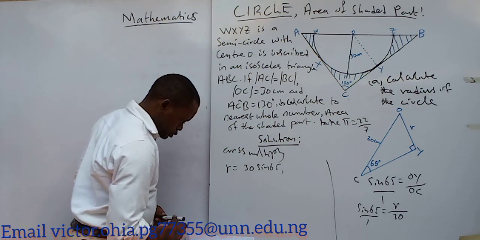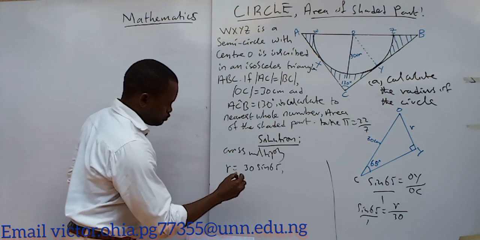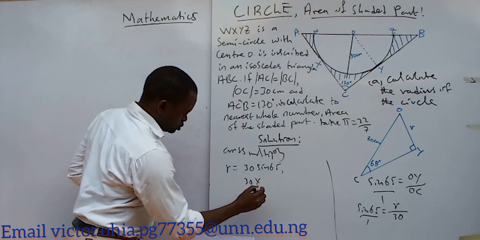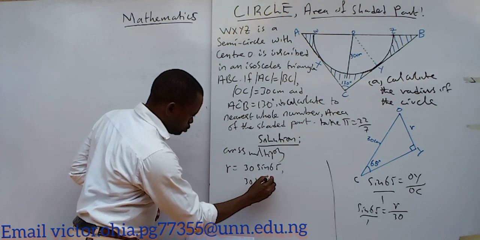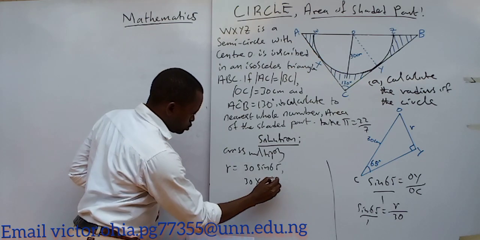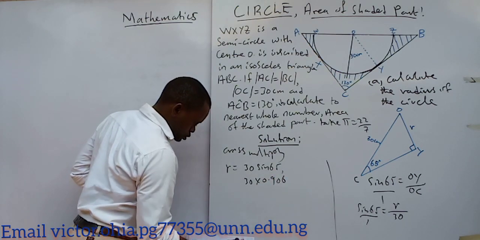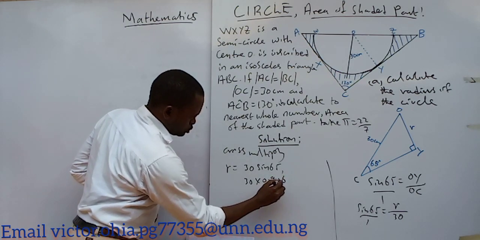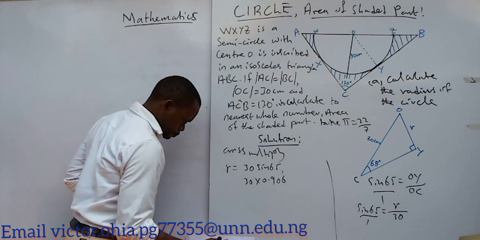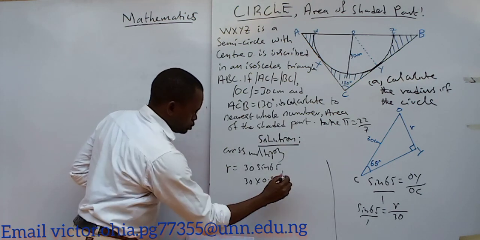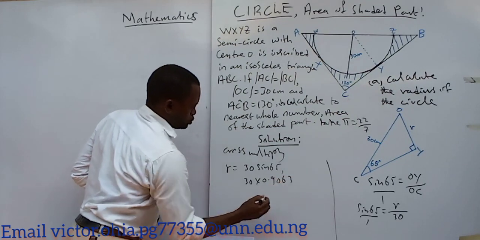Let's see what that gives us in my calculation. Sine 65 is 0.9063.